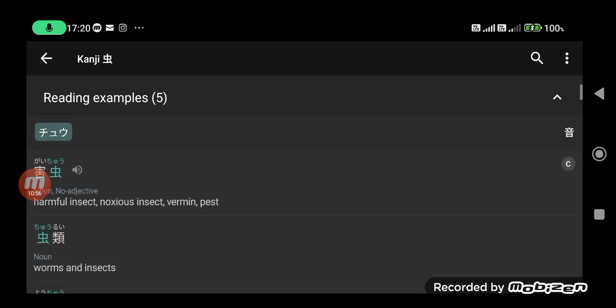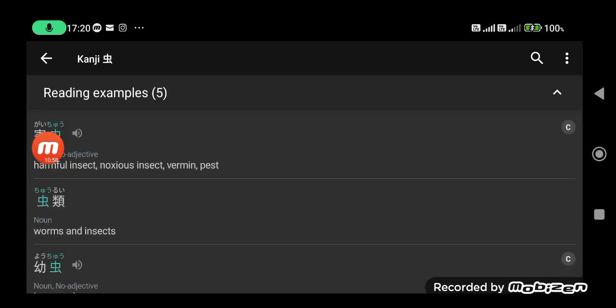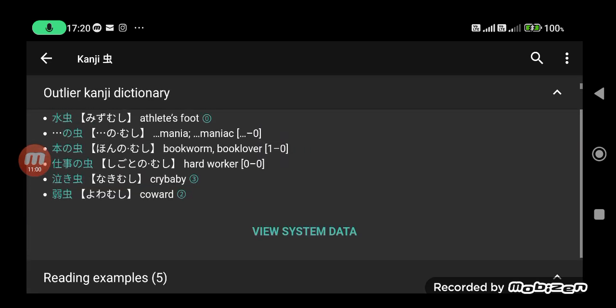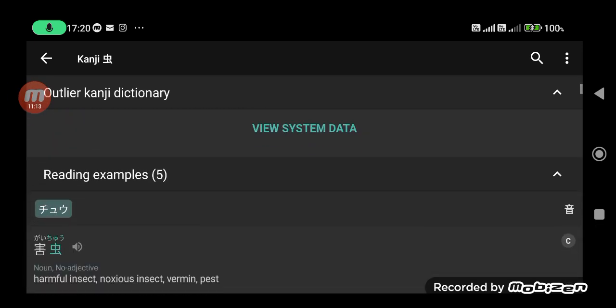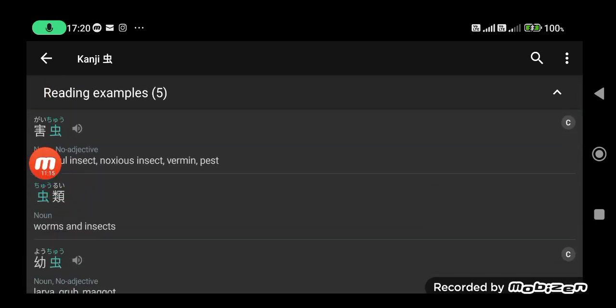Just like here, minasan, as you can observe here, gai chu follows the format or pattern. Blah blah blah chu means blah blah blah insect, or blah blah blah bug, or blah blah blah worm. So gai chu means harmful insect, because the first kanji means to be harmed or to be hurt.